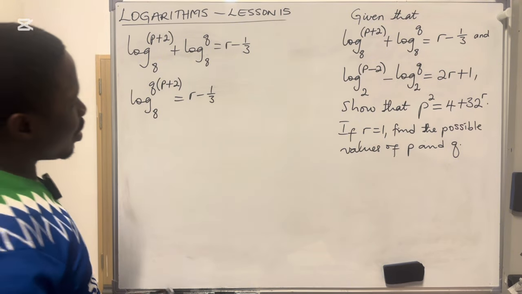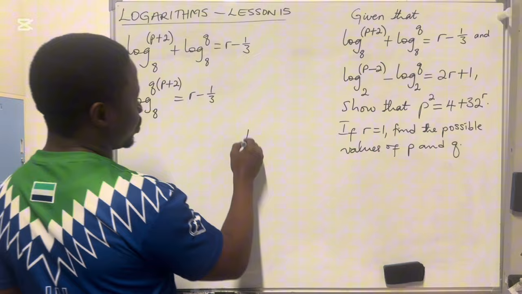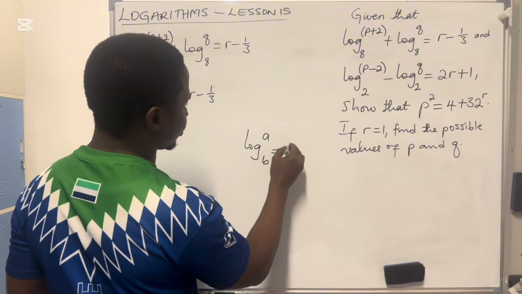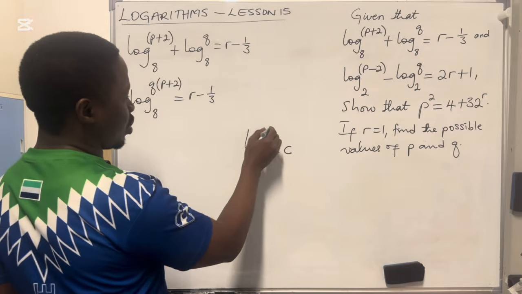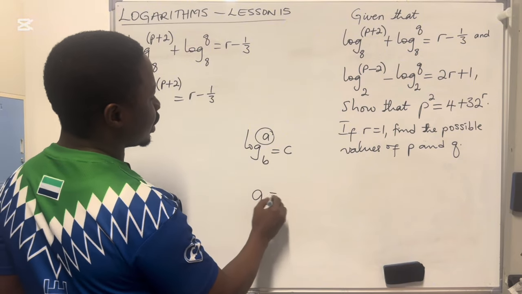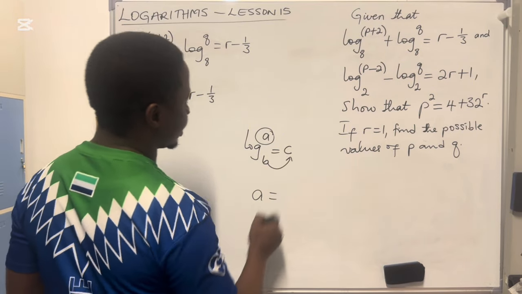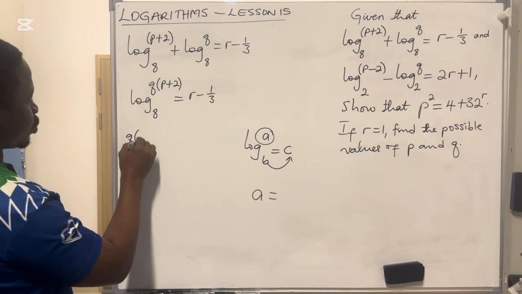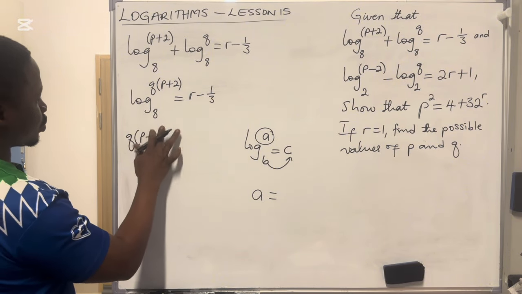Okay, but here, we used to have this one that says log a base b equal to c. So the log number is a, which is equal to b to the power c. So here again, this is the log number, q into p plus 2.